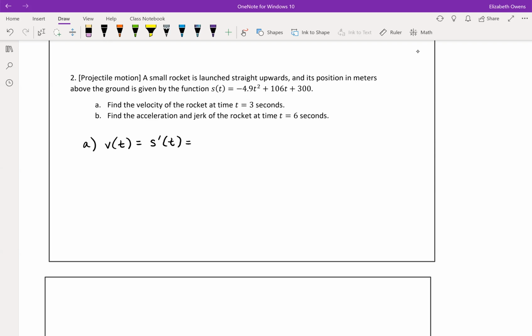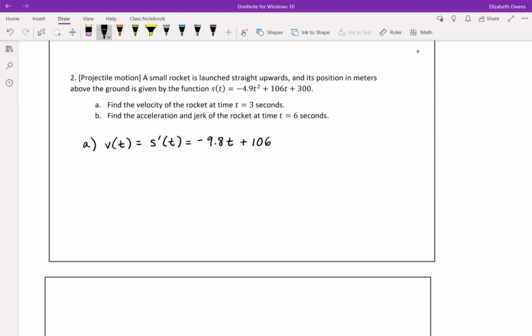You'd have negative 4.9 times 2t, which is negative 9.8 t to the first power. The derivative of 106t is just 106 times 1. And the derivative of 300, being a constant, is 0. So that is our velocity function for this rocket at any point in time.